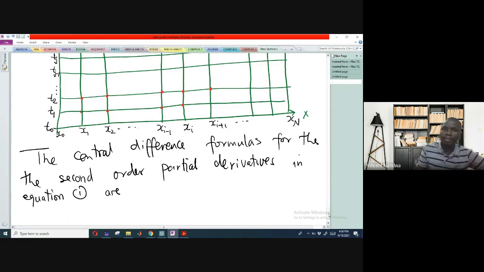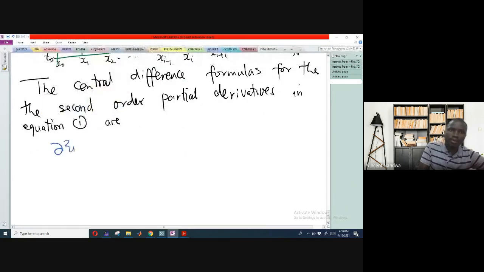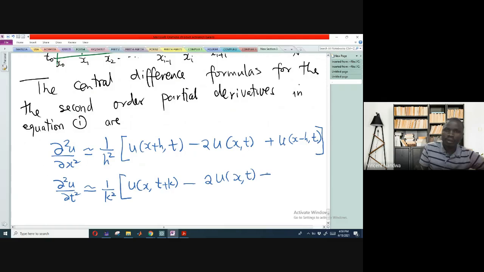are approximated by, from our numerical class work, partial squared u partial x squared is approximately equal to 1 over h squared into [u(x+h, t) minus 2u(x, t) plus u(x-h, t)], and for t we have partial squared u partial t squared approximately equal to 1 over k squared into [u(x, t+k) minus 2u(x, t) plus u(x, t-k)].